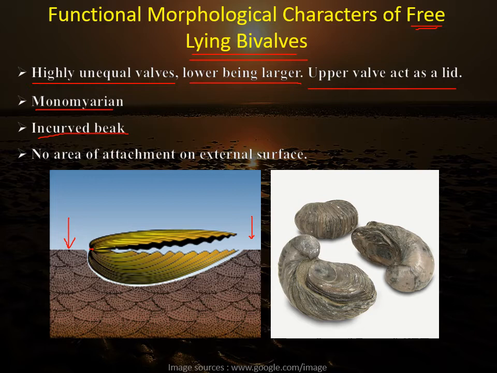To prevent this, the bivalve has an incurved beak, a slightly elevated portion that is then turned. Due to this incurved nature, sediments are not allowed to settle freely in the areas where the two valves are joined. So they can easily open the two valves, take in fresh nutrient-rich water and expel the excreta.